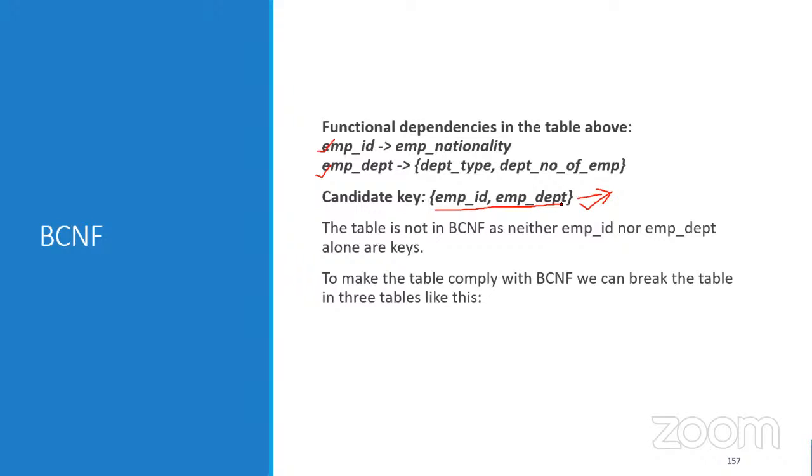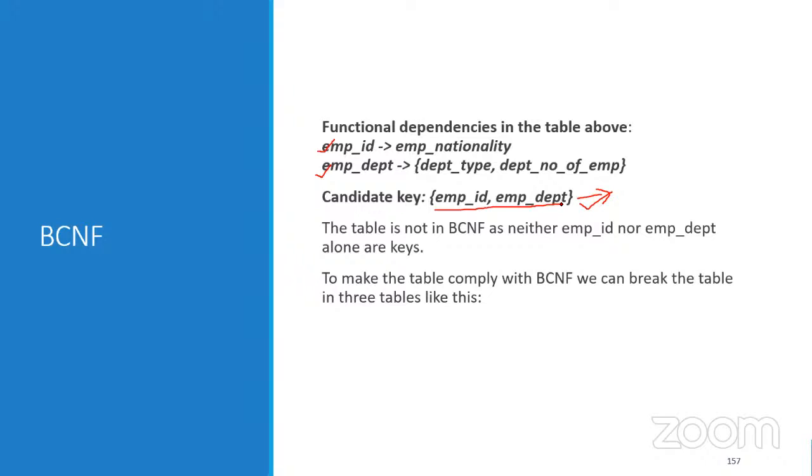So only one super key or one candidate key. Now we have a set of super keys or candidate keys, so this table is not in the form of BCNF. Now we want to convert this table into BCNF.